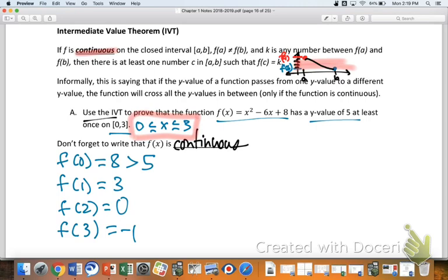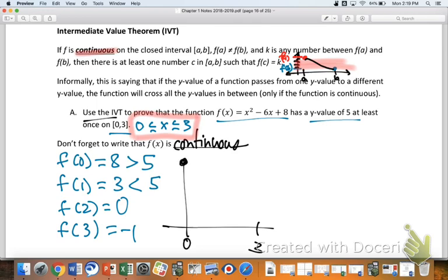Intermediate's in the middle. So if I were to say f of 0 equals 8, which is bigger than 5, and maybe something like f of 1 equals 3, which is less than 5, well, now we've got a number above and below. If we looked at this on a graph, I would say this could be kind of handy. It's the other way around.